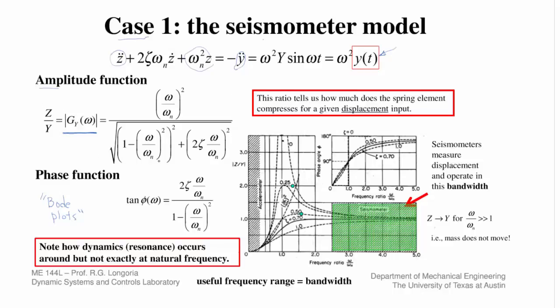They're basically these solutions for dynamic systems. So the amplitude function is z divided by y. All I've done, remember from the previous slide, is move y to the right hand side. And I've also non-dimensionalized this in some respects.